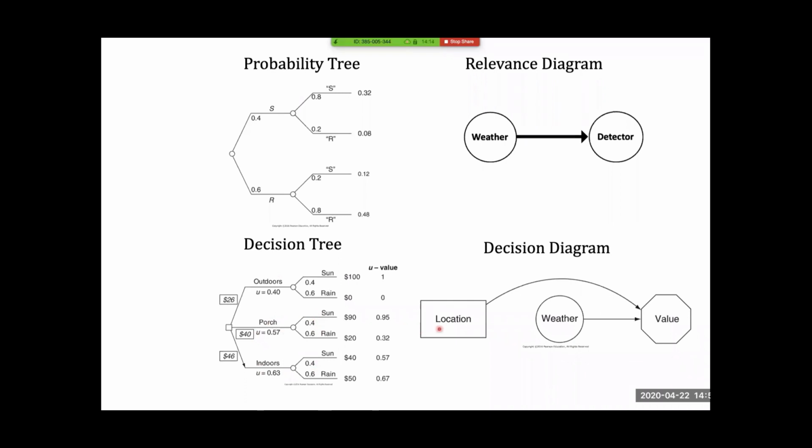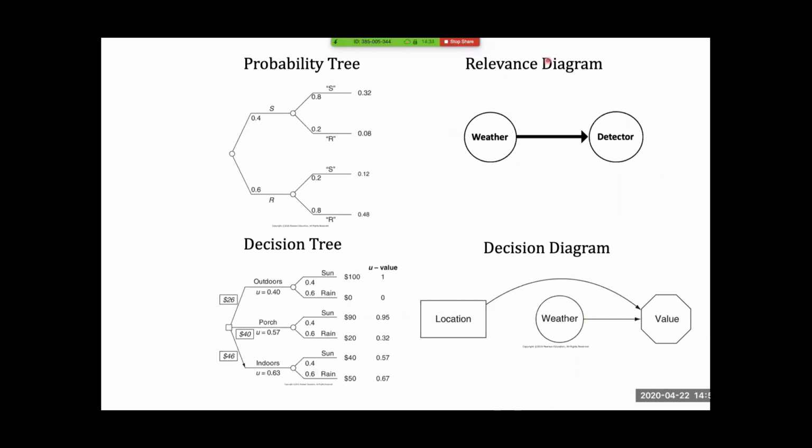This is what we will be looking at, and I will explain each and every shape in this decision diagram, what they mean, and also what the arrows mean in the decision diagram.